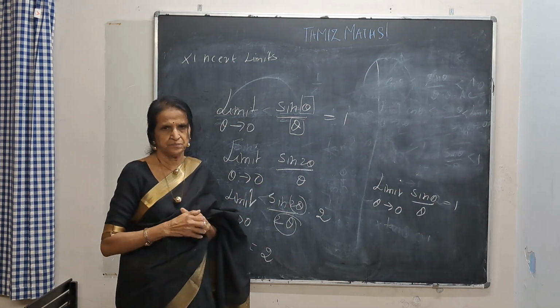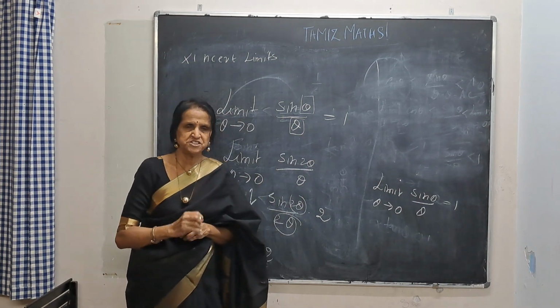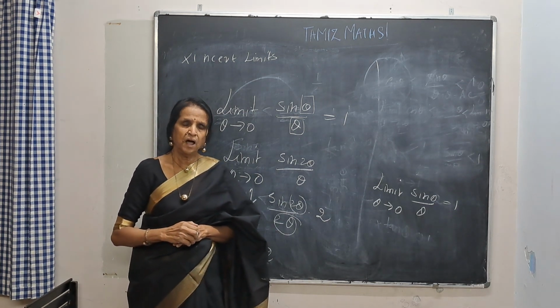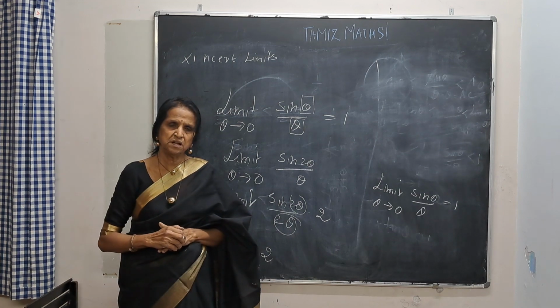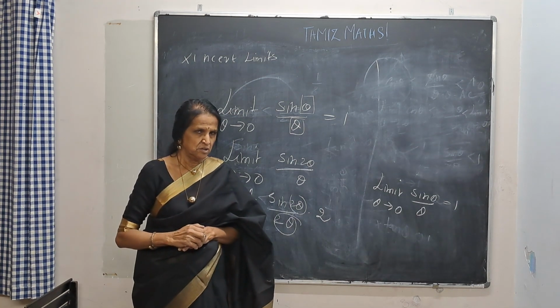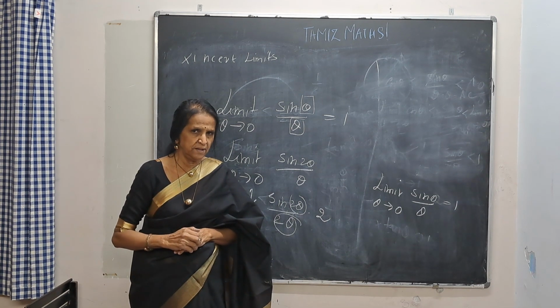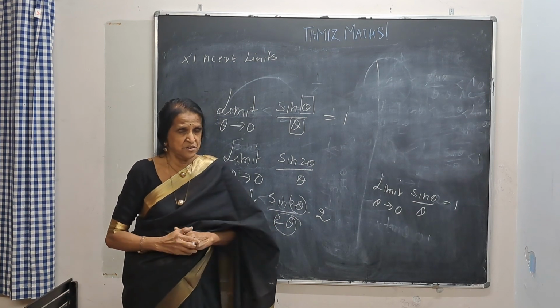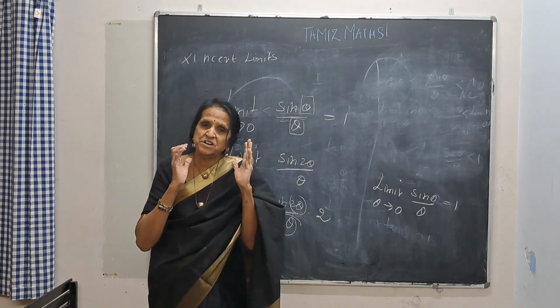So with this, our first video of limits will get over and I will go for problems in the next video. So what are we going to deal with in this topic, limits? I don't know. What is that I don't know? Indeterminate forms.